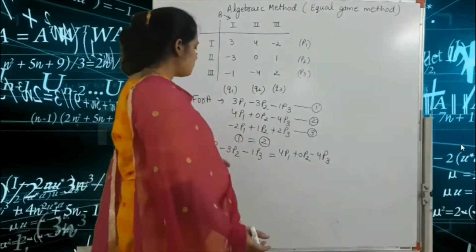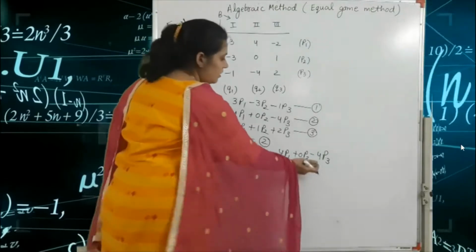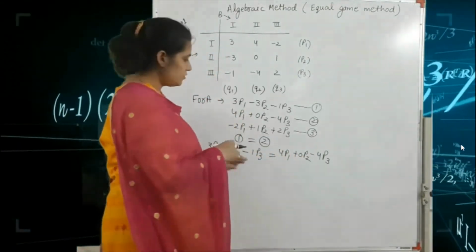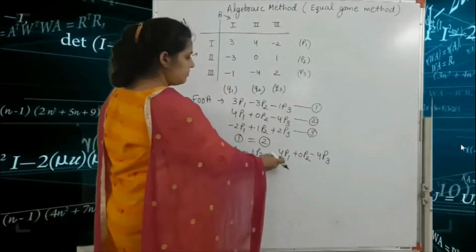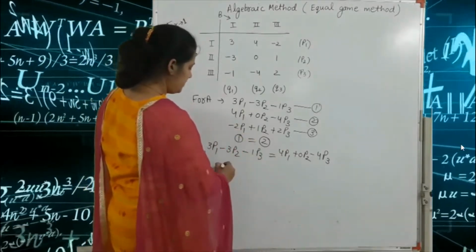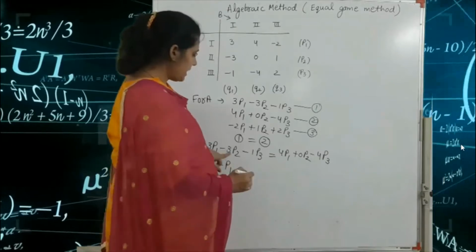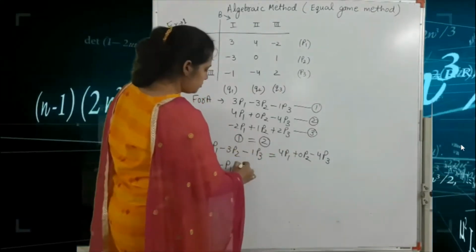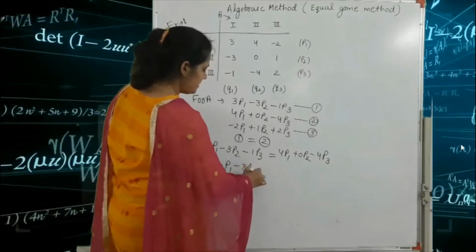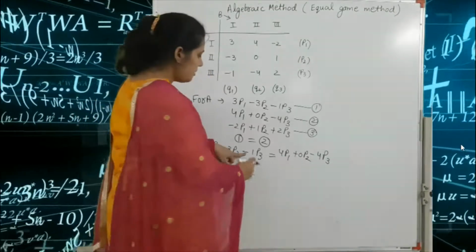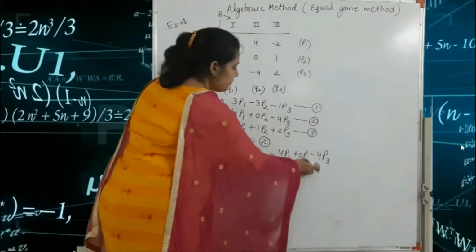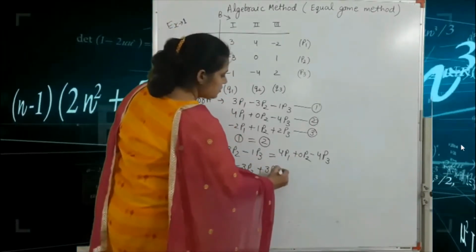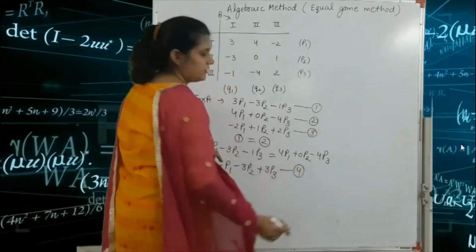Now we take all the right hand side values to the left hand side. So 3P1 minus 4P1 is minus P1, minus 3P2 plus 0P2 is minus 3P2, and minus 1P3 plus 4P3 is plus 3P3. So this is our fourth equation.